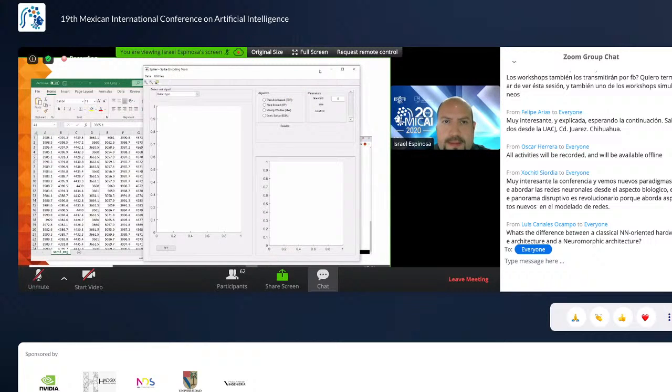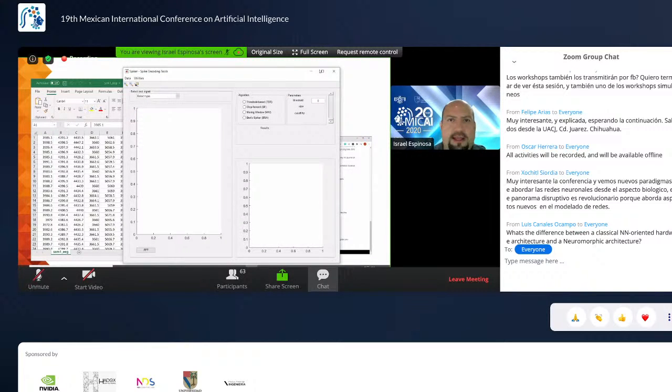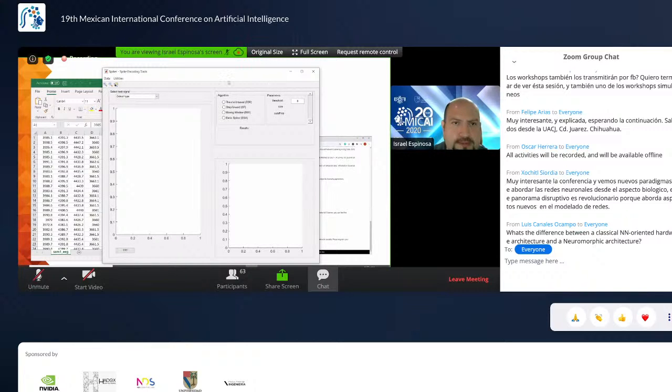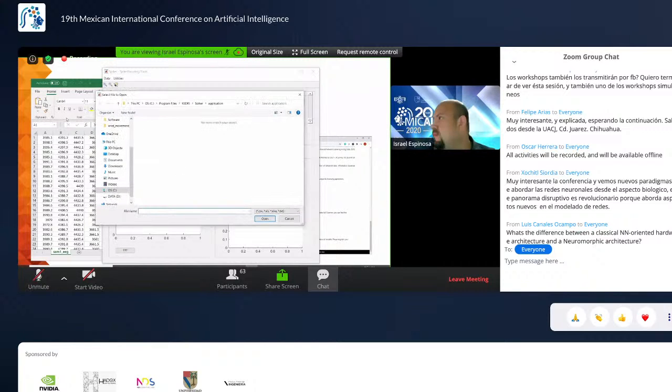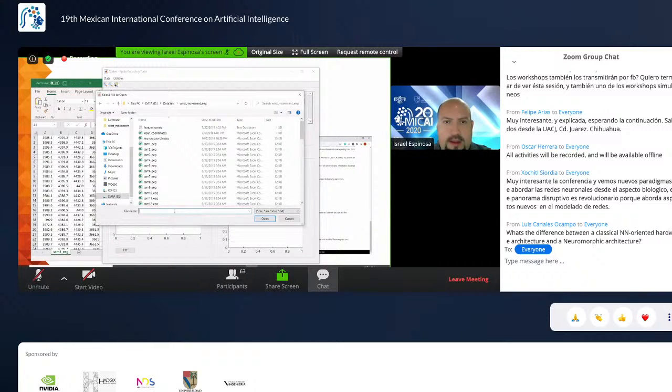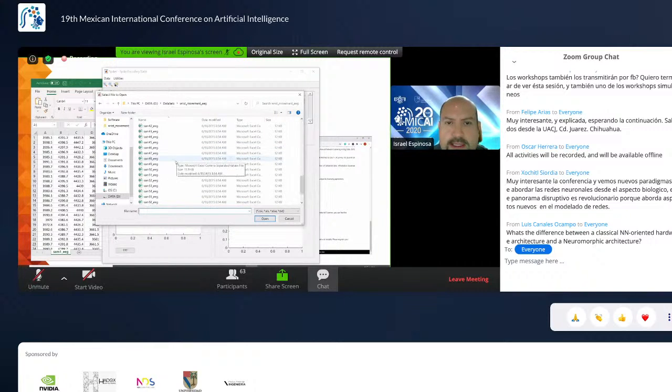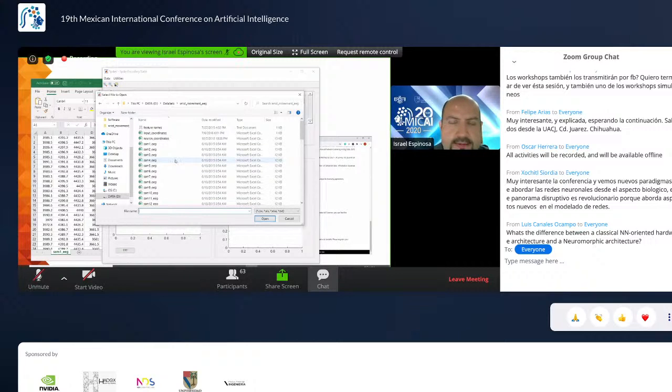The first thing that we need to do is to select our data. We go to the menu, go to data, then load data. Here I have all these samples. I have 60 samples. I will select the one that I already showed you, sample 1.